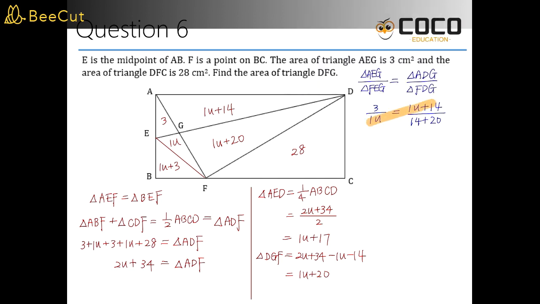To solve this equation, we use the cross multiplication method. Numbers across the diagonal, when multiplied together, give the same product. Along this diagonal we have 1U times 1U plus 1U times 14. Along the other diagonal is 3 times 1U plus 20. Sorry, I wrote this wrongly.